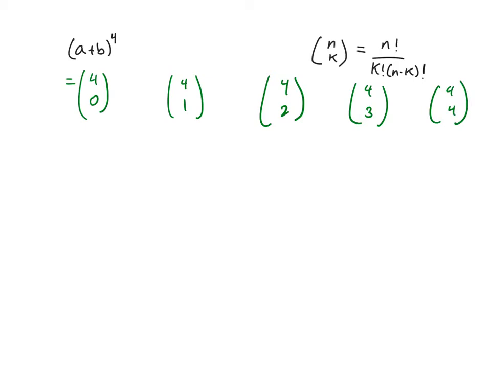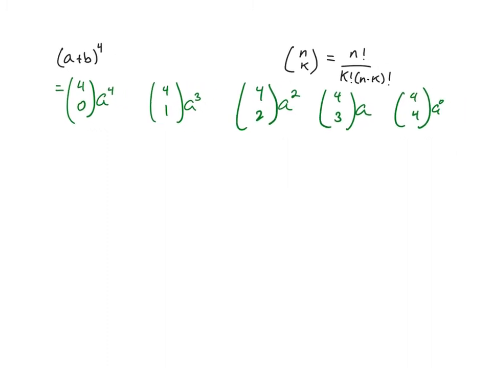Now, the variables, the first variable, the a, I'm going to start with the same exponent as on the binomial, right? To where I'm elevating the binomial. And then I'm going to go in descending order. So this one is a to the 4th, a cubed, a squared, a, and a to the 0.